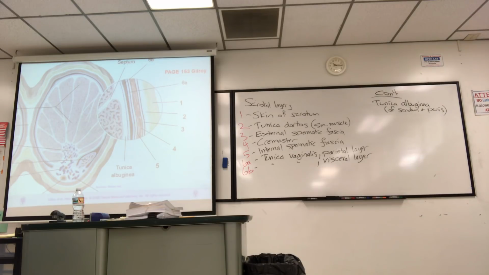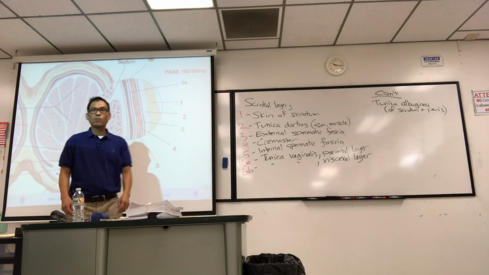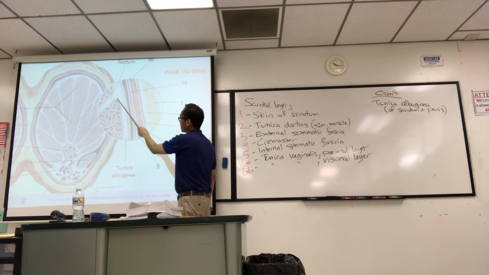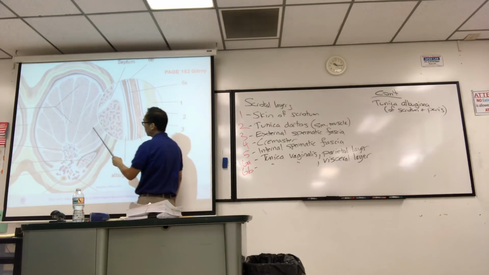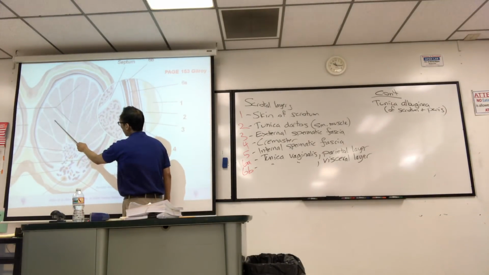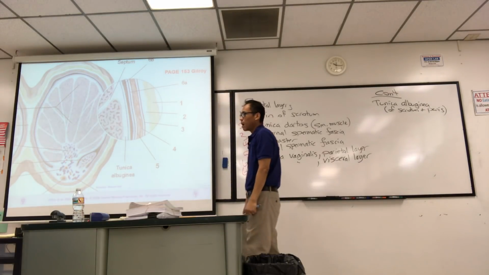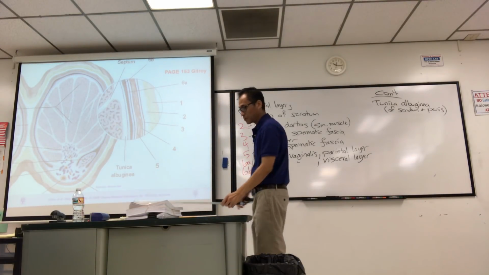You can see that the tunica albuginea has these infoldings that form what are called septa. The septa create little apartments inside the testes, and they're basically called lobules, testicular lobules.